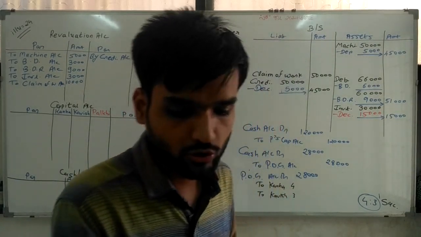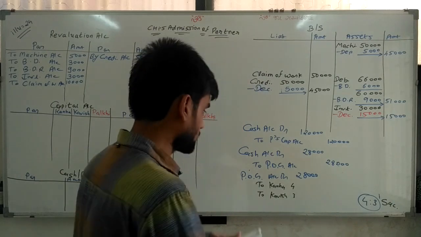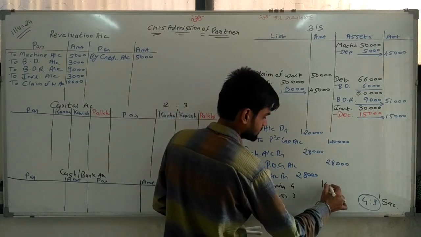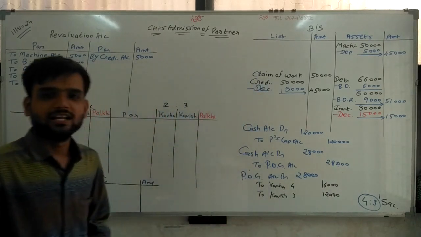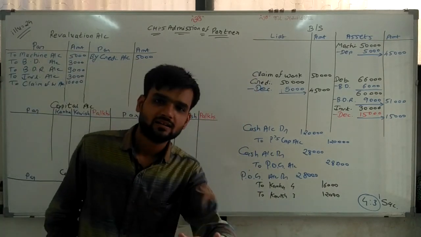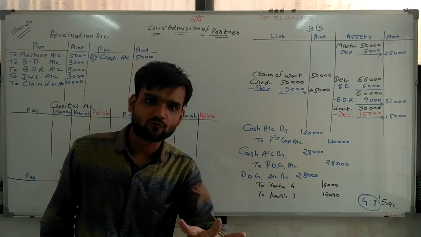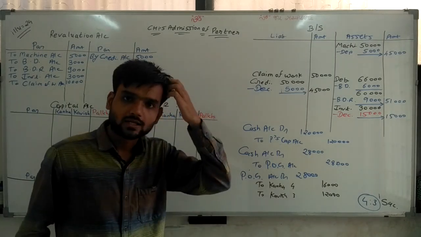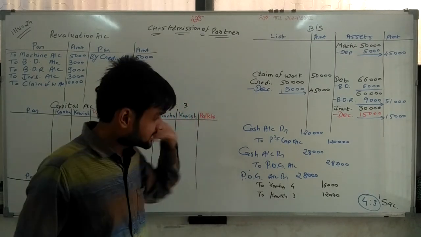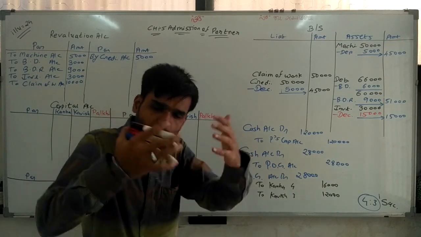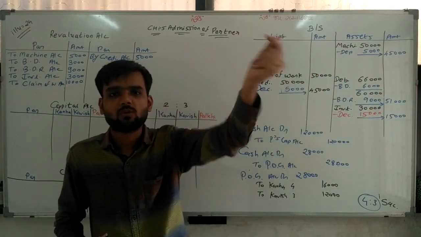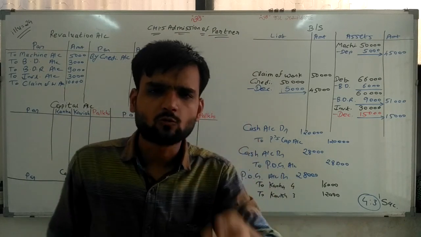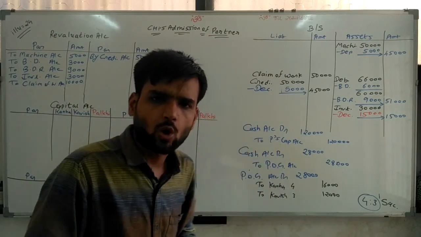Now how we can distribute that, you know very well. 16,000 and 12,000 will be the answer. In this way, my calculation of goodwill is completed up to this point. These 3 journal entries we have already learned in last lectures also. But in this chapter, one thing is extra given.